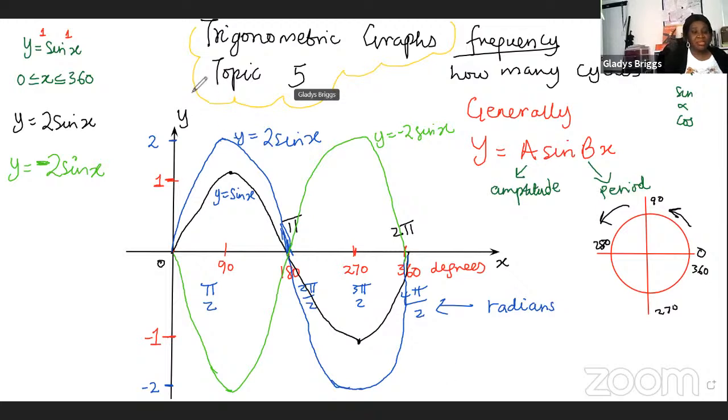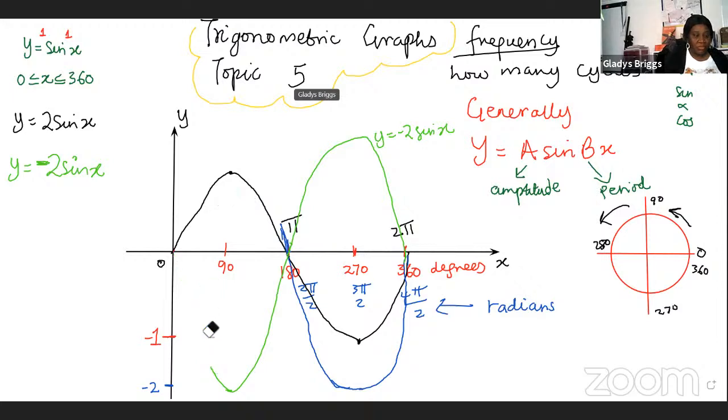So let me take a lot of this information off so that we can have a look at y is equal to sine 2x. I'm just going to leave y is equal to sine x for now.